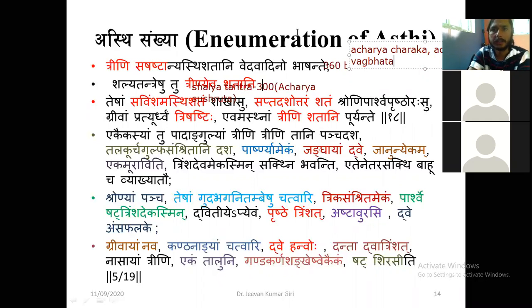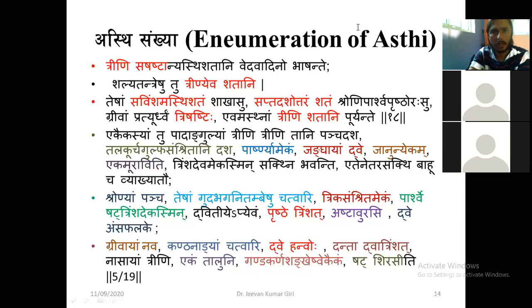Are you getting? Yes, sir. Now we will see how these 300 bones have been counted. Now see where these bones are. Tesam sabimsam ashti satam sakhasu, then saptadasottaram satam, sroni parsva prishthorasu, then griva pratyurdham trisasti.